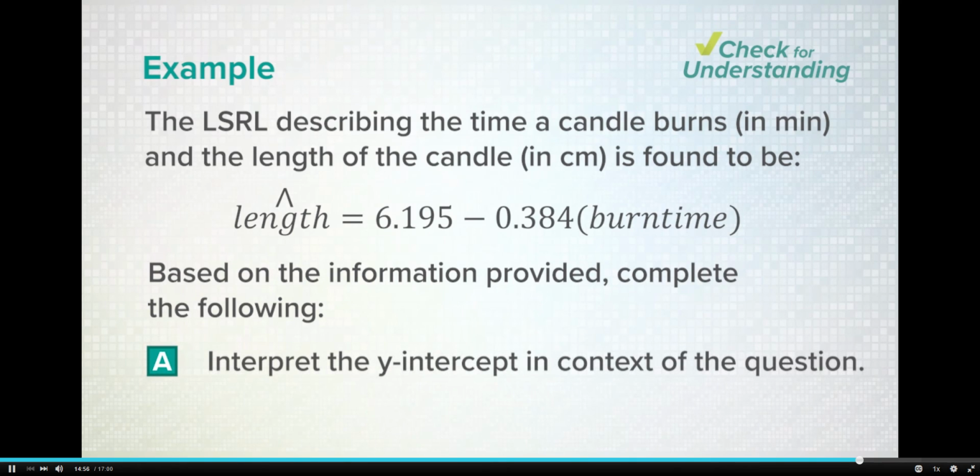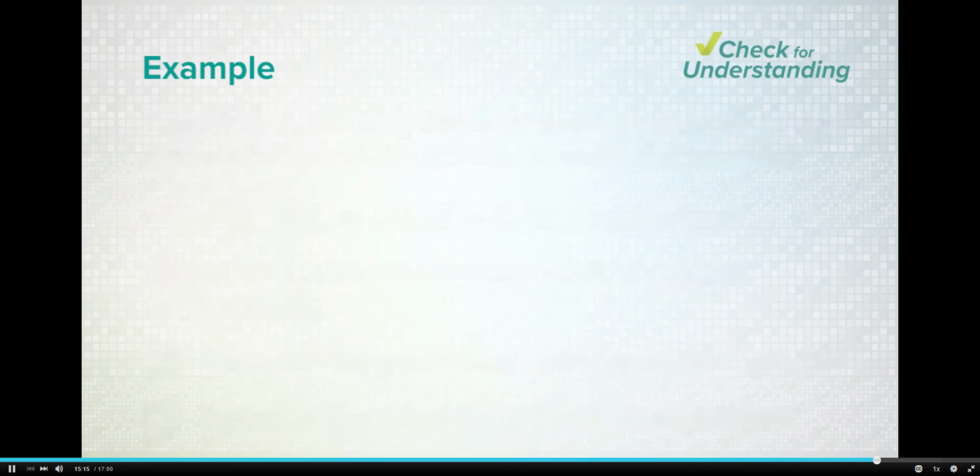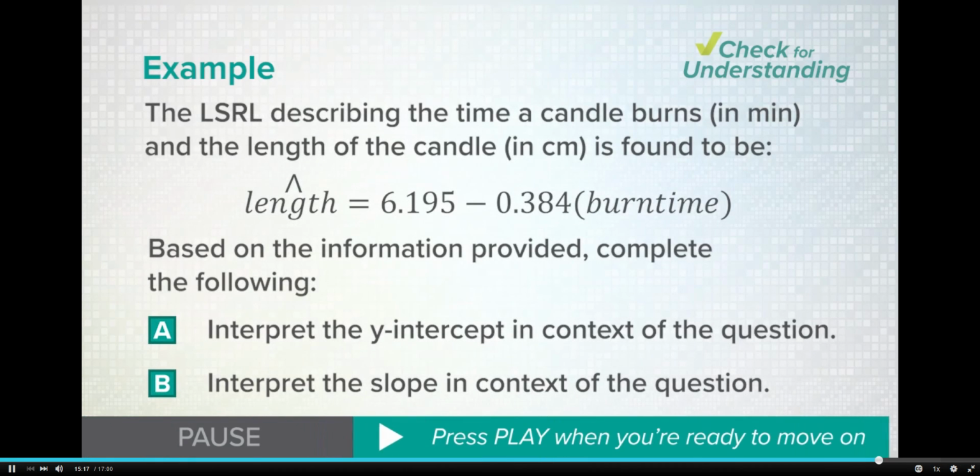A. Interpret the y-intercept in context of the question. And B. Interpret the slope in context of the question. Try to do this without looking at your sentence frame first. And then if you have to, look at it for reference after to check your work. Pause the video to work on this. Click play when you're ready to continue.